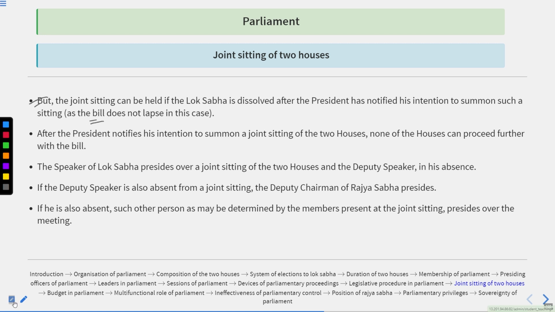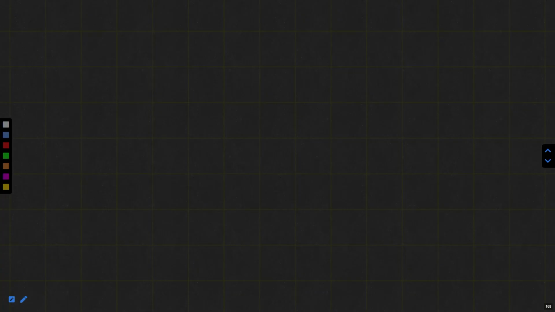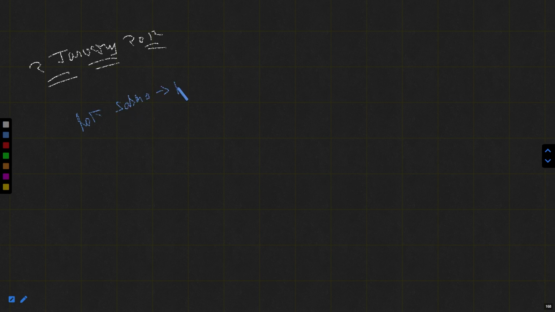Okay, let's take an example. Suppose it is 2nd January 2012, on which the Lok Sabha passed and sent the bill to the Rajya Sabha.